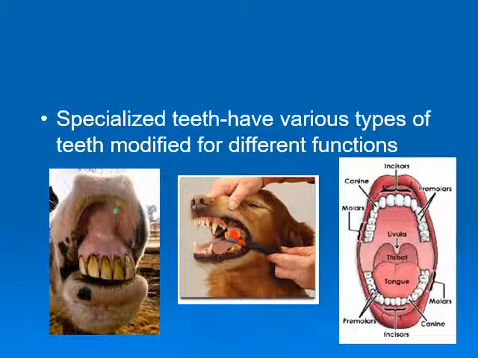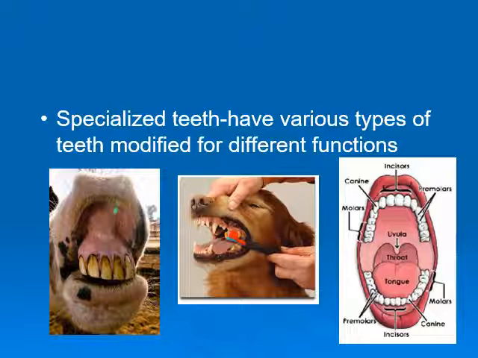Take humans, for example, a picture of our mouth all the way over to the right there. We have differences in our teeth. Our front teeth and our incisors are going to be a little bit more for biting and tearing into something. Your teeth on the side and towards the back, they're more for grinding and mashing up anything else that you're chewing up.